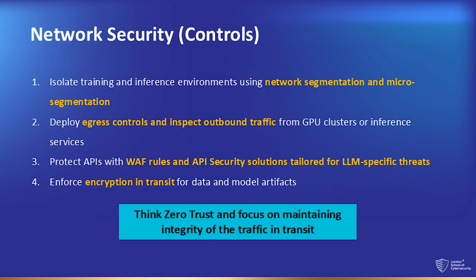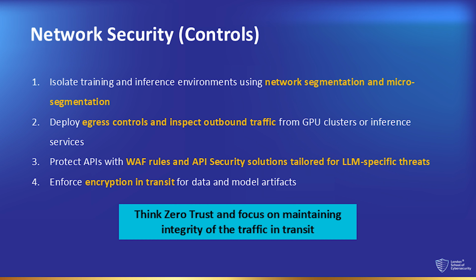Okay, next come the egress controls, which is basically the traffic going out from the GPU clusters. Normally in organizations, we only monitor the web traffic that goes out from the users to the internet, purely from a compliance and malicious sites versus non-malicious sites perspective, right?